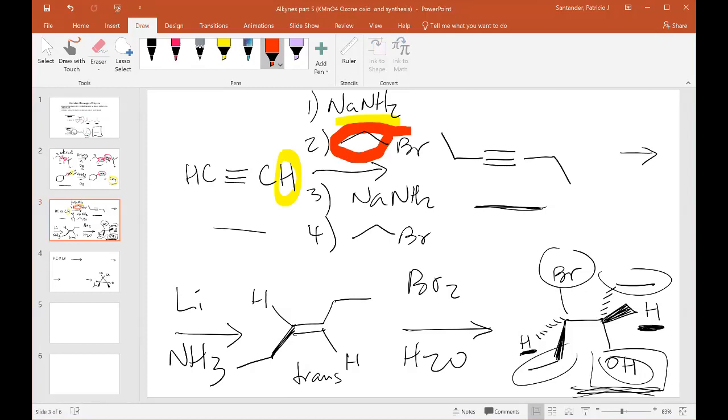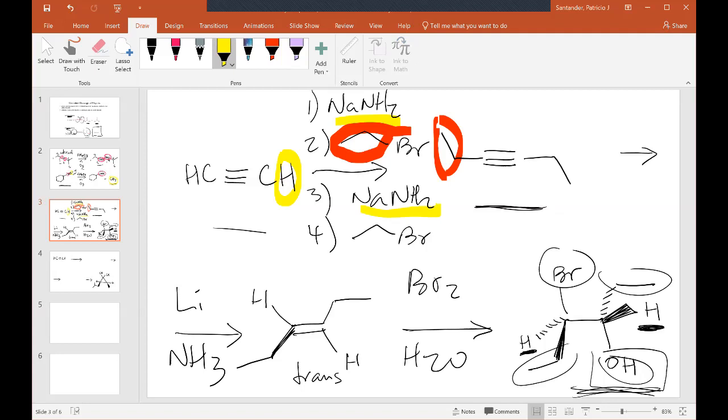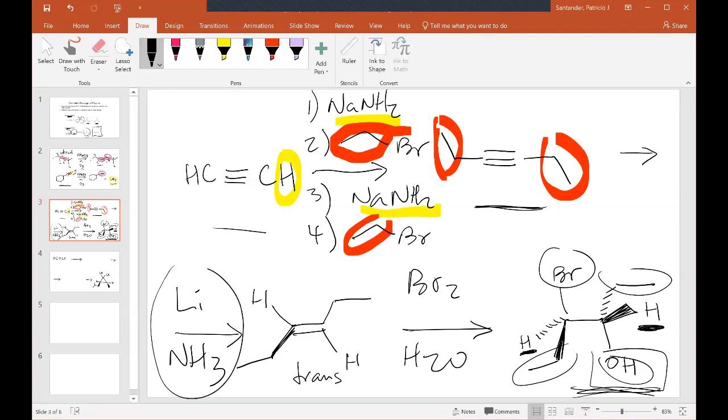In that way, I attach one of the ethyl groups, and then I have deprotonation again with sodium amide, and a second alkylation that will attach the other one, and then I go with reduction with lithium in ammonia. That will give me the trans product, and then bromination in the presence of water. That will give me the bromohydrin with the bromine and the OH on opposite sides.